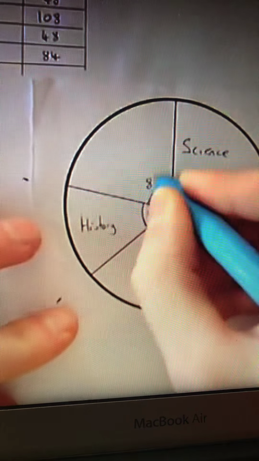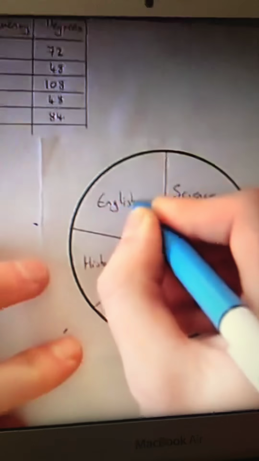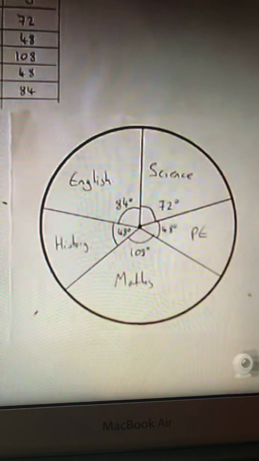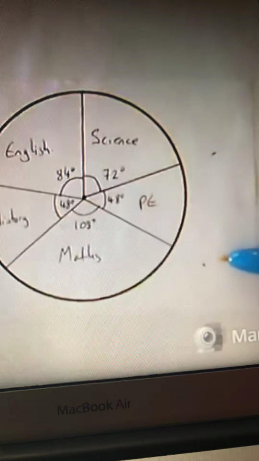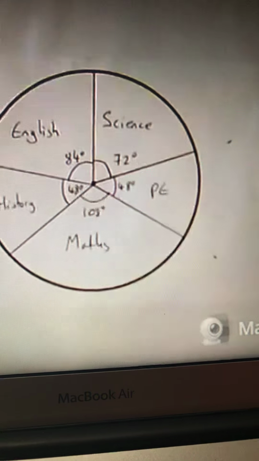Being, we can label that as 84 degrees, and that was English. Excellent. And then I've used that data to draw a perfect pie chart. I've labelled it. It's got the degrees on there. You can have it looking slightly differently. If you didn't have labels, you would then have to have a key down the side when you've coloured it in. But a pie chart that looks like this is classed as a perfect pie chart.